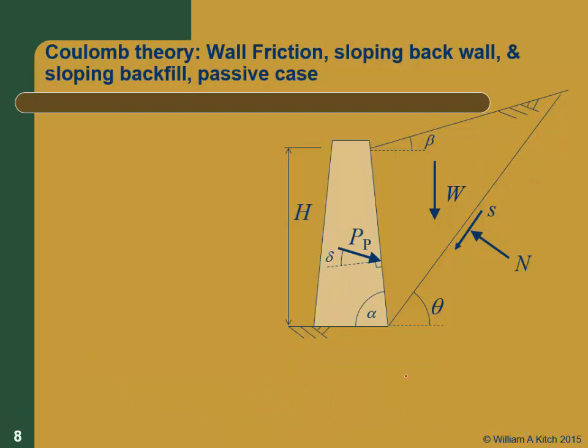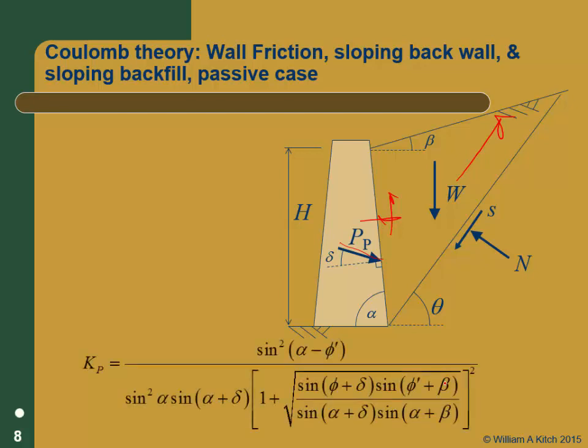So if it's a passive case, now the wall is moving this way. Well, now the wedge is going to be sliding up, moving up this direction. So the direction of the wall friction is going to be the other direction, because now it's pushing down on the soil instead of pushing up, because the motion's in the other direction.